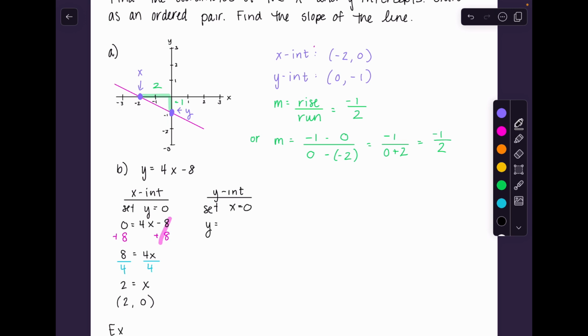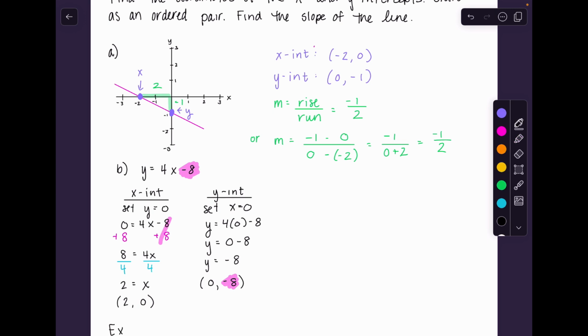So plugging that in, this will be 4 times 0 minus 8. 4 times 0 is 0. So 0 minus 8 is negative 8. So our y-coordinate is negative 8, and our x-coordinate is 0. But again, I could have gotten this just because it's in slope-intercept form, y equals mx plus b. The y-intercept is negative 8.